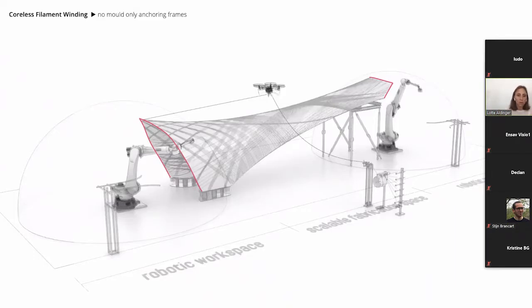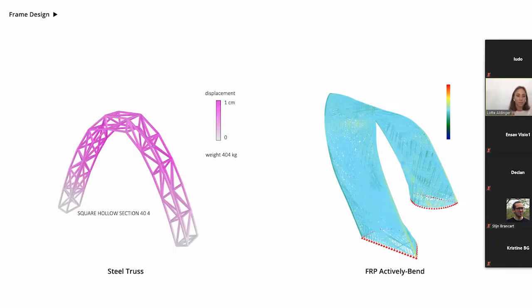So no molds are required, but we need frames to anchor the fibers, which need to take quite some amount of tension. And obviously one option would be a regular, tedious, non-elegant steel frame, or an FRP actively bent frame, which was the key idea of our colleague Bruno Gengnagel.